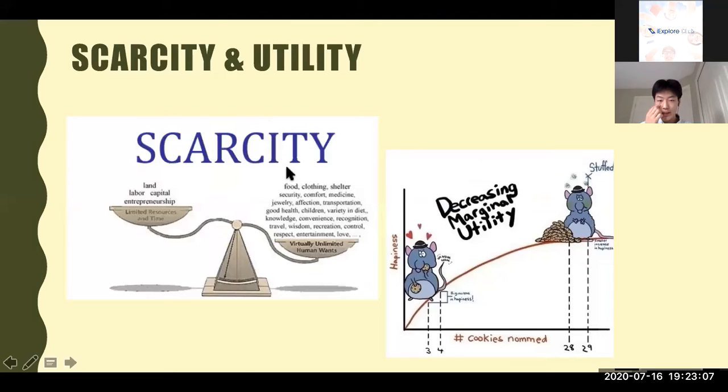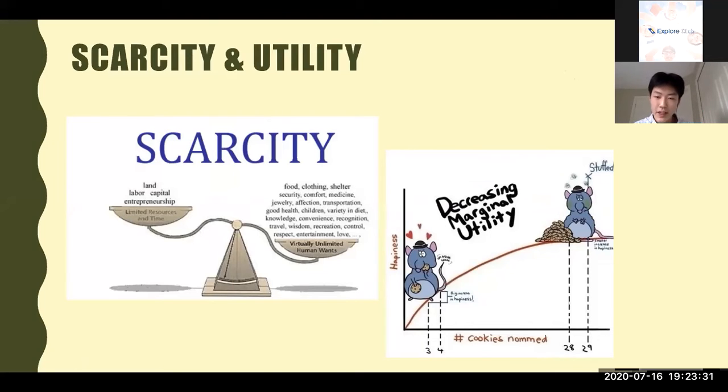So the first one is scarcity and utility. So scarcity is actually what I've talked about in the purpose of economics. So you can see on the left of the balance, there's limited resources and time, which includes land, labor, capital, and entrepreneurship.